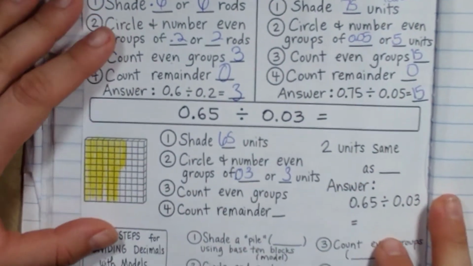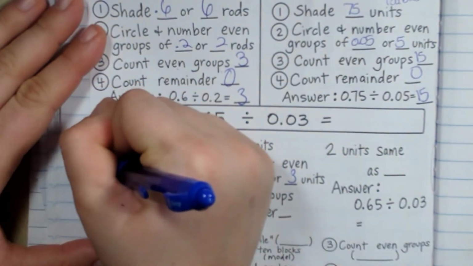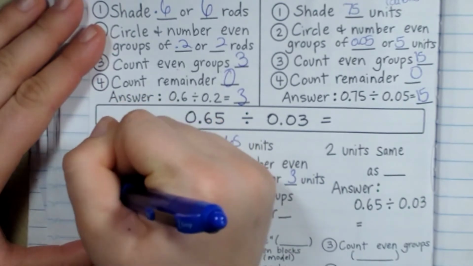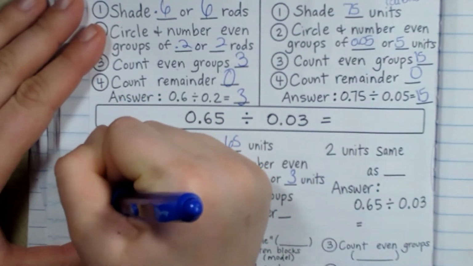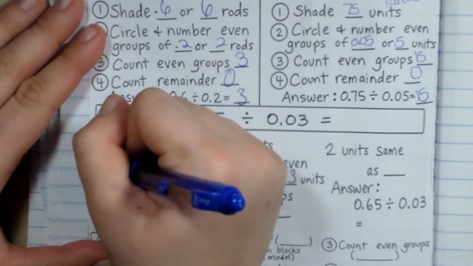So every 3 units is a group. Okay. 1, 2, 3. 1, 2, 3. 1, 2, 3.